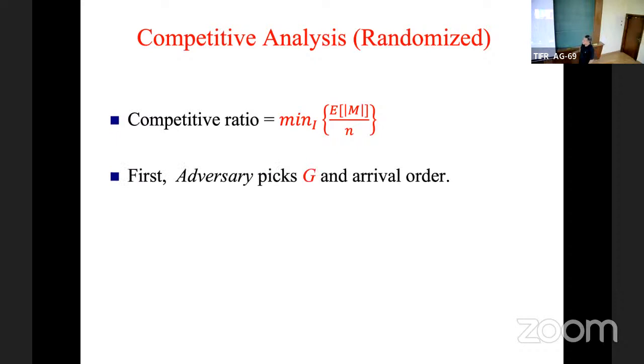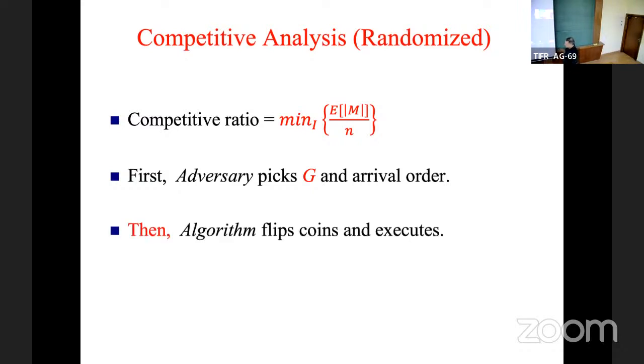And this time, the adversary picks the graph and the arrival order of the buyers. Then the algorithm flips coins. So the adversary knows the algorithm, but cannot see the coin flips, because if the adversary sees the coin flips, then it's as bad as deterministic, obviously. So then the algorithm flips coins and executes.